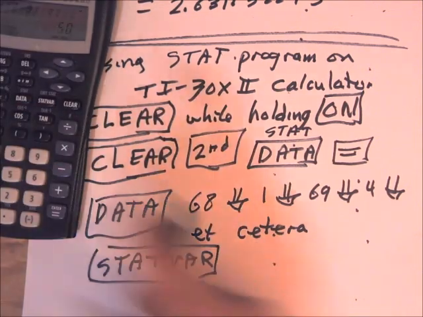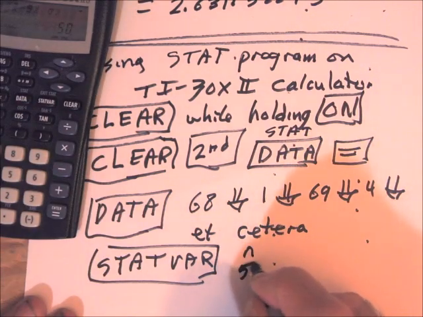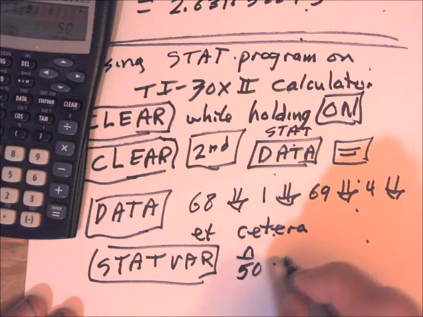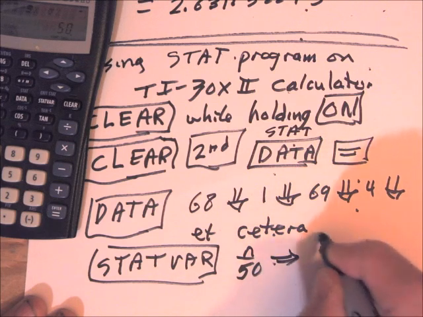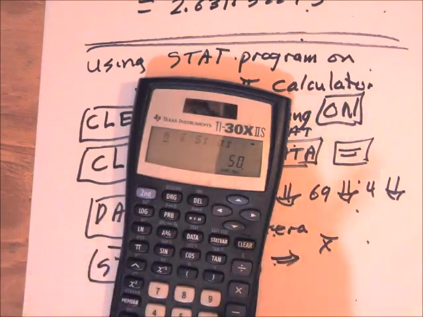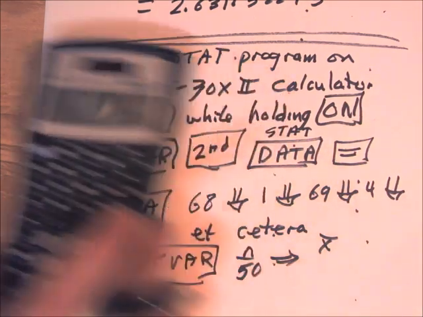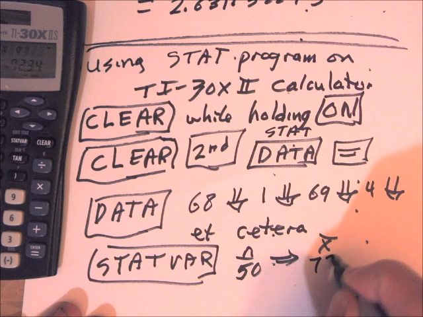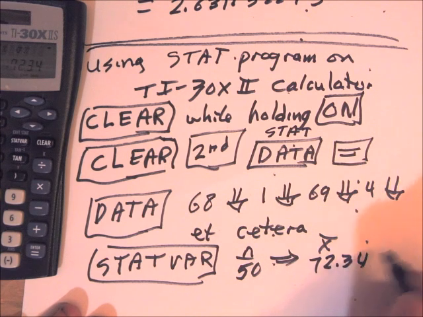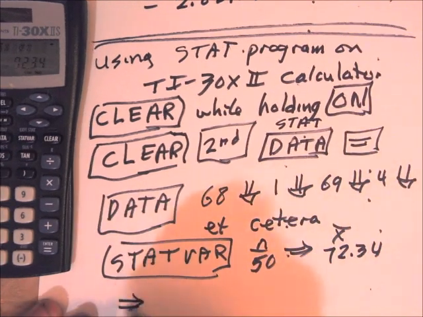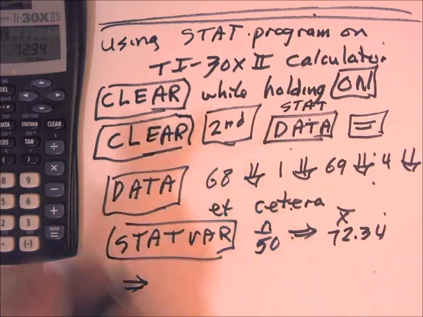It says n is 50. That's the number of players, and then you push the right arrow. It gives the mean, which hopefully is the same mean we had before. Yeah, okay, that's good. 72.34. We're good. Now, if you do make a mistake, there is a way of going back without redoing the whole thing.